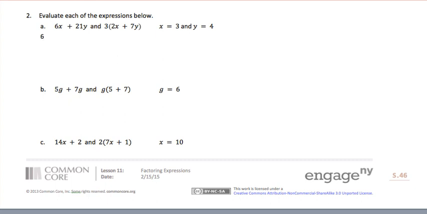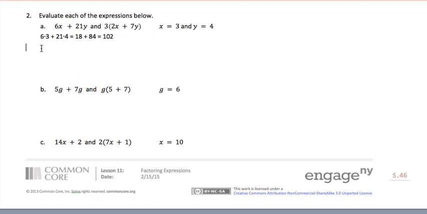We have 6 times 3 plus 21 times 4. And that is 18 plus 84, which is 102.